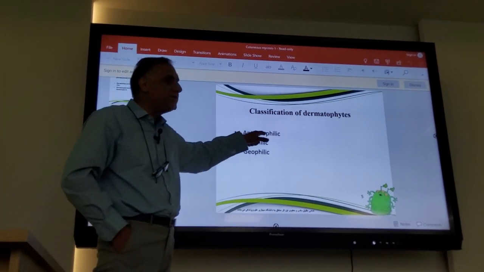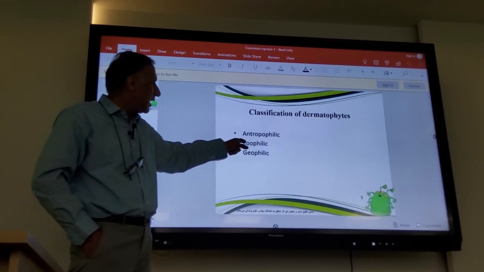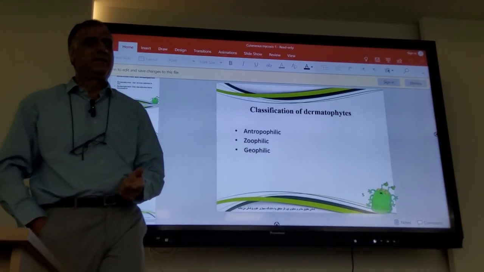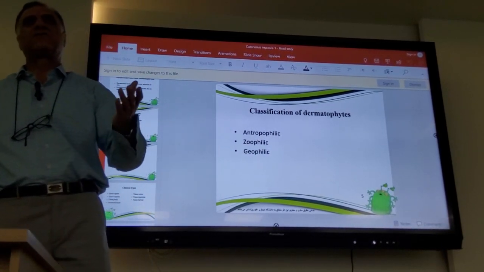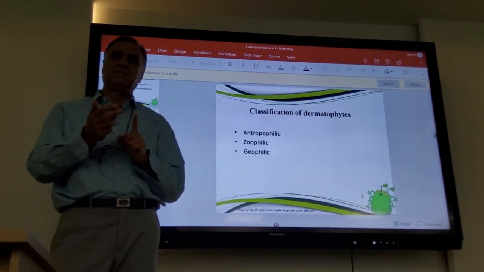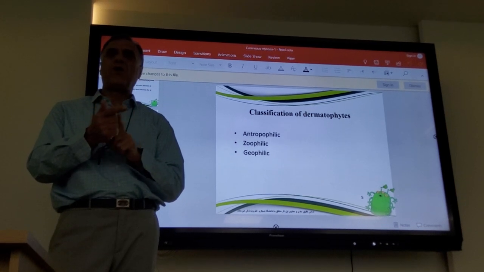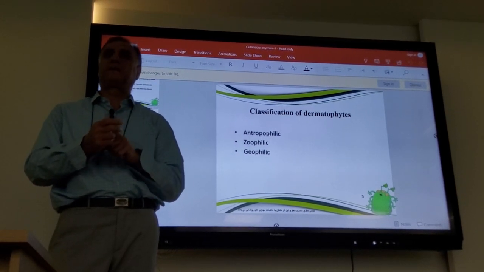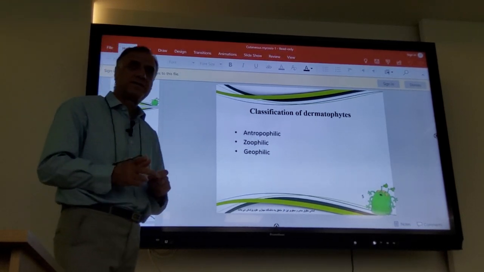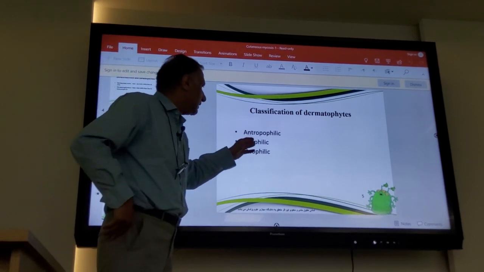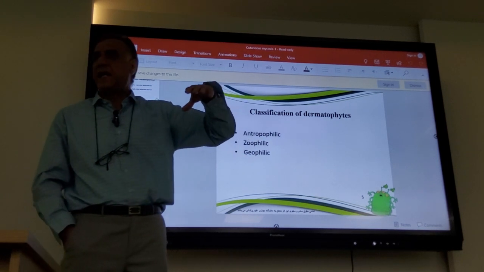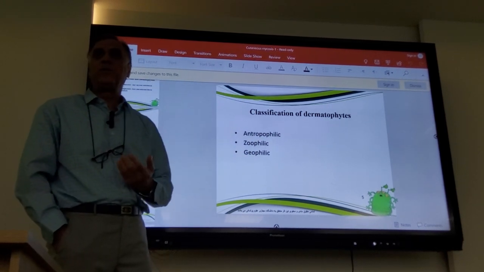And some dermatophytes are zoophilic, with the source in the skin of animals like cat, dog, cow, sheep, bird, horse, and some transfer from these animals to humans.